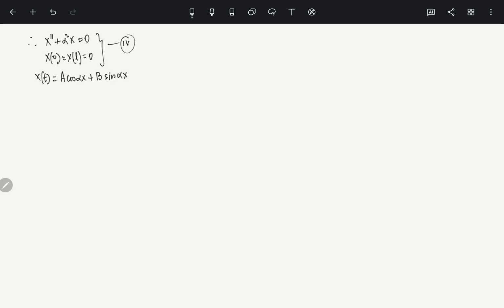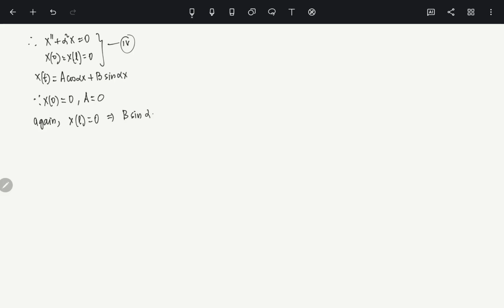Clear? This is the solution. And since x0 equals to 0, that will imply, if you put it here, a is going to be 0.